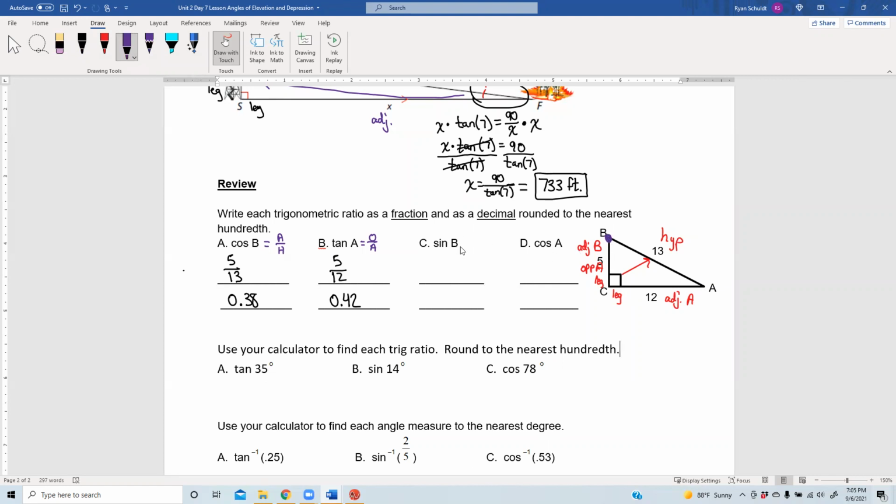We want to get the sine of angle B. So what do we need for sine? We need opposite over hypotenuse. So which leg is opposite of angle B? Give me this 12.